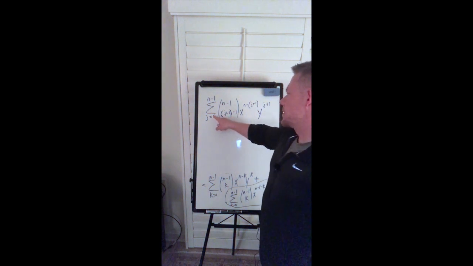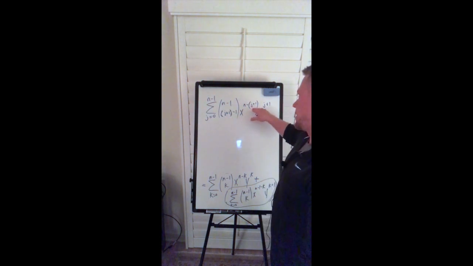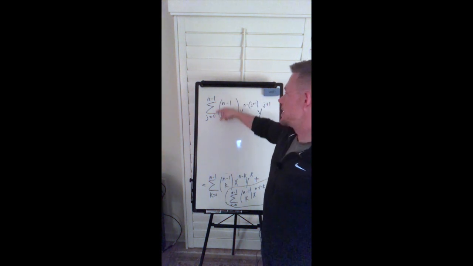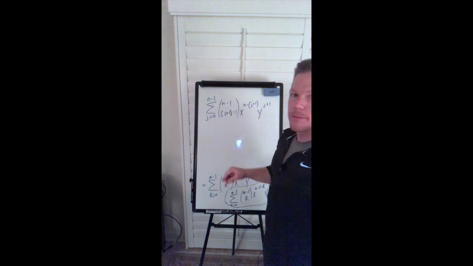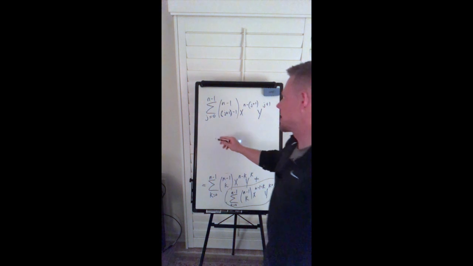So we could rewrite this so that our incrementer starts with a 1. When you plug in n minus 1, you're left with n minus 1 plus 1, which is n. Same here, you'll be left with n and n. So we could start it at 1 and end at n instead of start at 0 and end at n minus 1 and rewrite it a little bit. That's why I switched to a j, and now I'll switch back to a k.